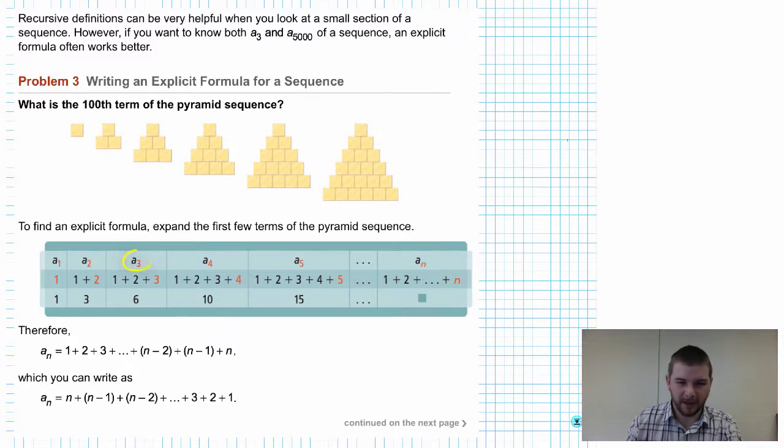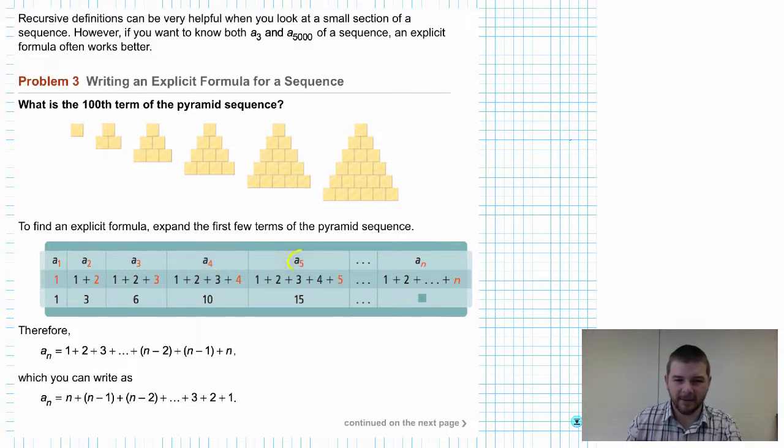A sub 3 equals 1, which now perhaps we should think of as the number of squares in the first row, or the topmost row, plus 2, the second row, plus 3, the third row, and that equals 6. A sub 4, similarly, will equal 1 plus 2 plus 3 plus 4, and that's 10.